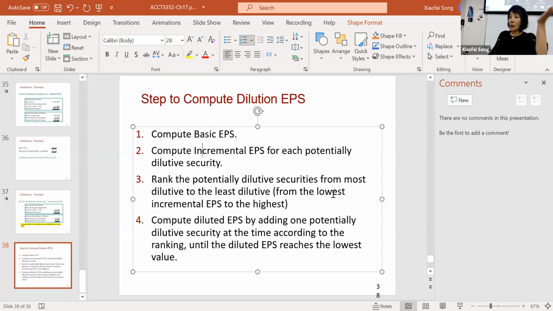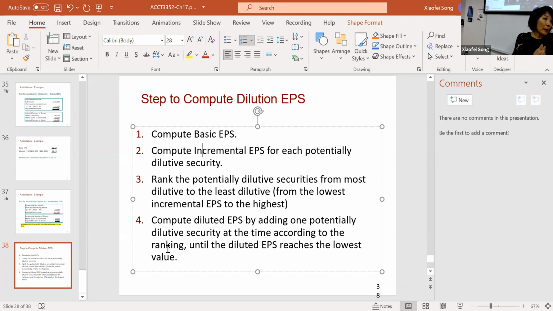Make sense? So then you just keep going up in the order. Compute diluted earning per share by adding one potentially dilutive security at a time, according to the ranking. So you start out with the basic earning per share.